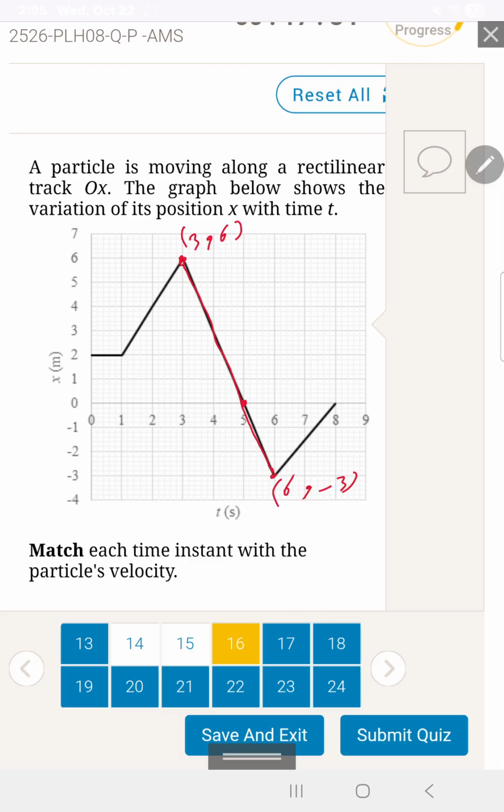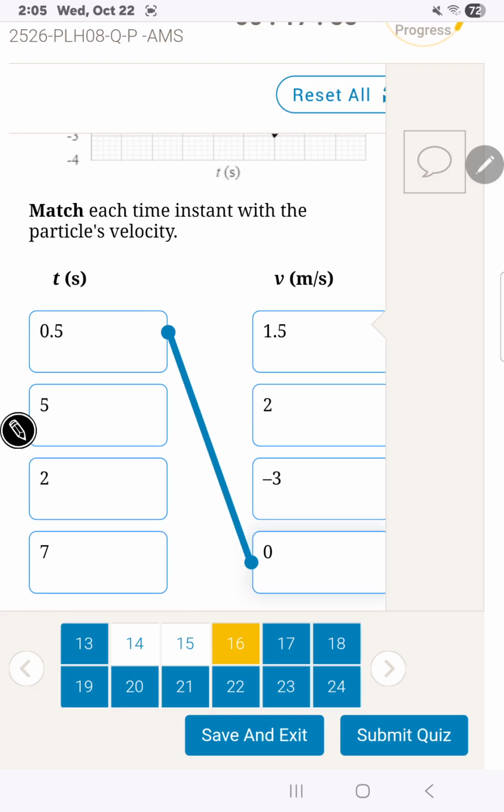Now do the slope equation. 6 minus -3 divided by 3 minus 6, this will be 9 over -3, and this will be -3. So the slope here is -3, which means the velocity is -3. So now you choose -3 here.